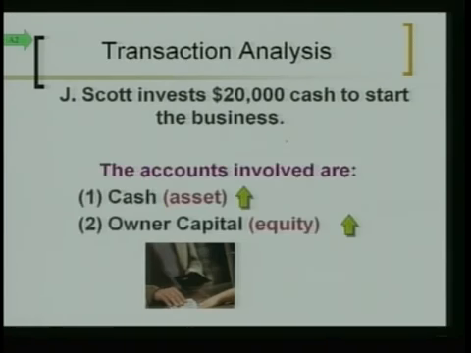But the two accounts that are going to be affected are cash is going to go up and owner's capital or owner's equity goes up. You with me? The capital account is where we keep track of that investment. Okay? You with me? So cash goes up by $20,000 and owner's capital goes up by $20,000.